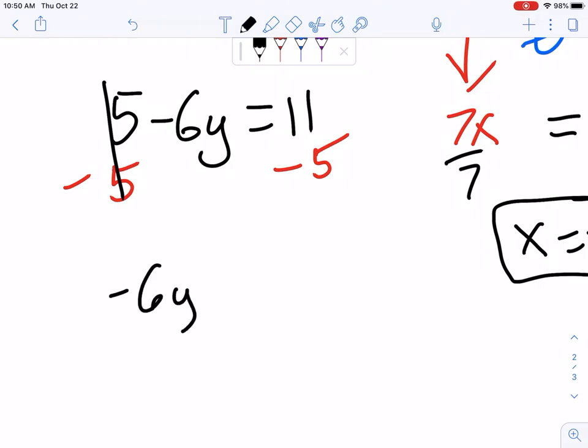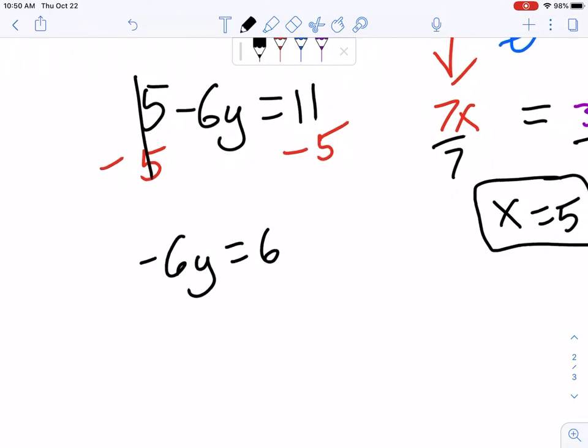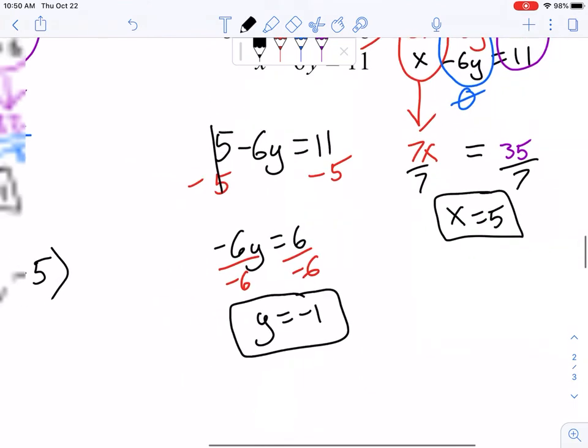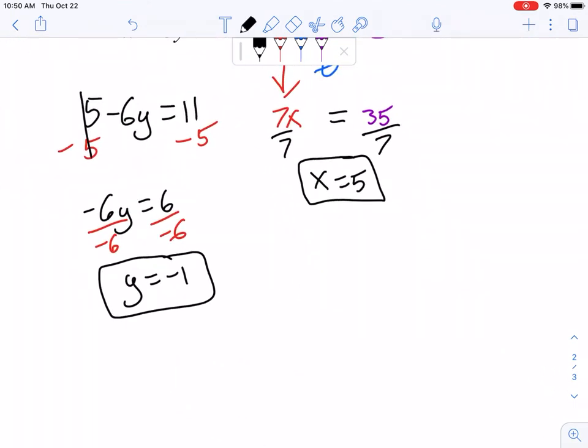So negative 6y is equal to 11 minus 5, which is 6. And then I am dividing negative 6 to both sides. And y is equal to negative 1. And then we will write our answer as an ordered pair, 5, negative 1.